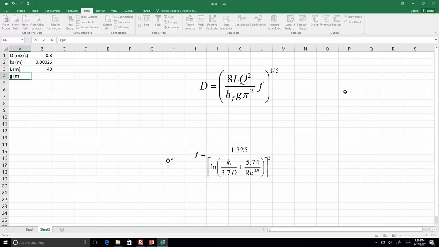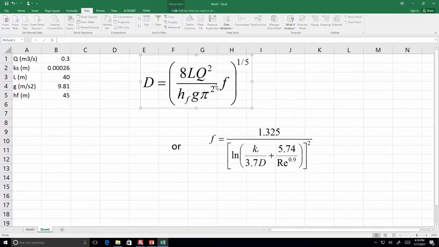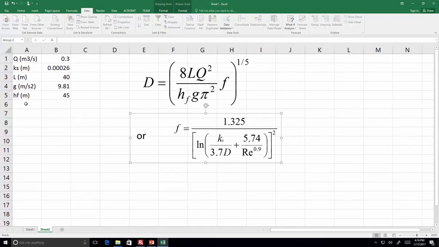G, meters per second squared, 9.81. The H sub F, which is the head loss in the flow through the pipe, is 45. And the kinematic viscosity of water, meters squared per second, is 1 times 10 to the minus 6th.